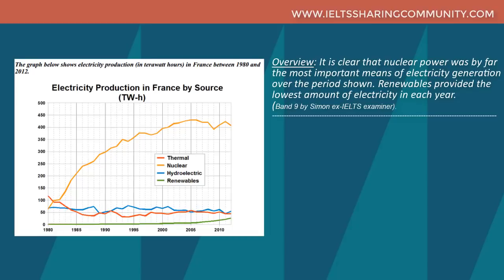The first feature is nuclear power, which was the most important means of electricity generation. And the second one is the lowest amount of electricity generation, which was provided by renewables.